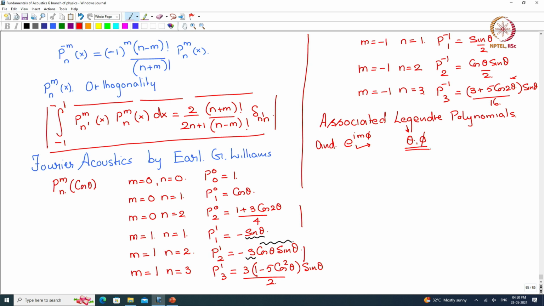So we combine the two functions and we supply constants so that the orthogonality remains.